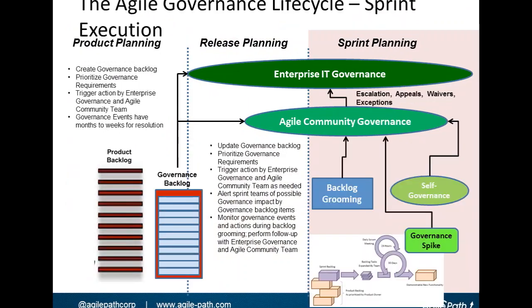The Agile Pre-Governance process also gets leveraged during backlog grooming, which of course is an ongoing process in the Agile ceremony process. Backlog grooming on the product backlog will result in backlog grooming of the governance backlog. Any other priority governance requirements will get surfaced, fed into the governance model, and addressed.